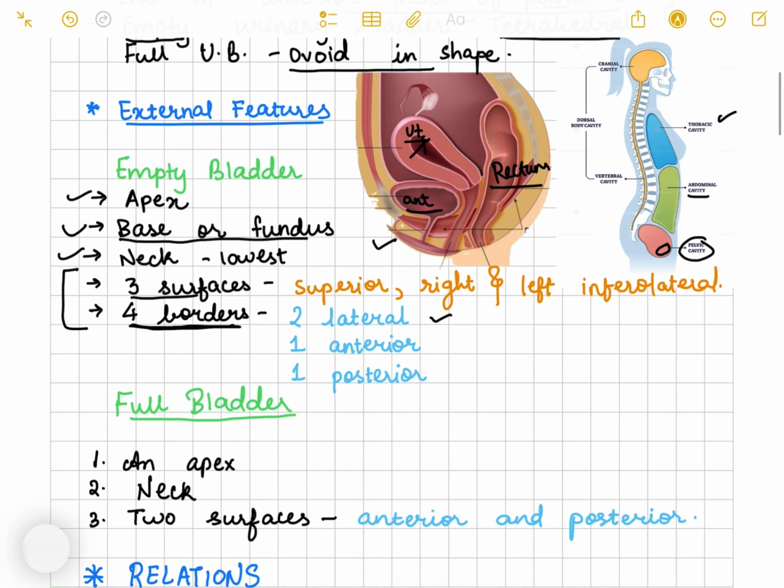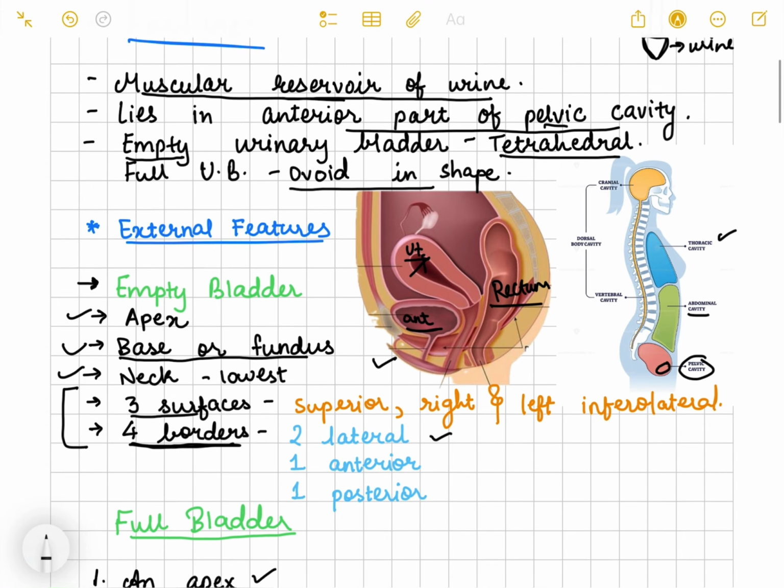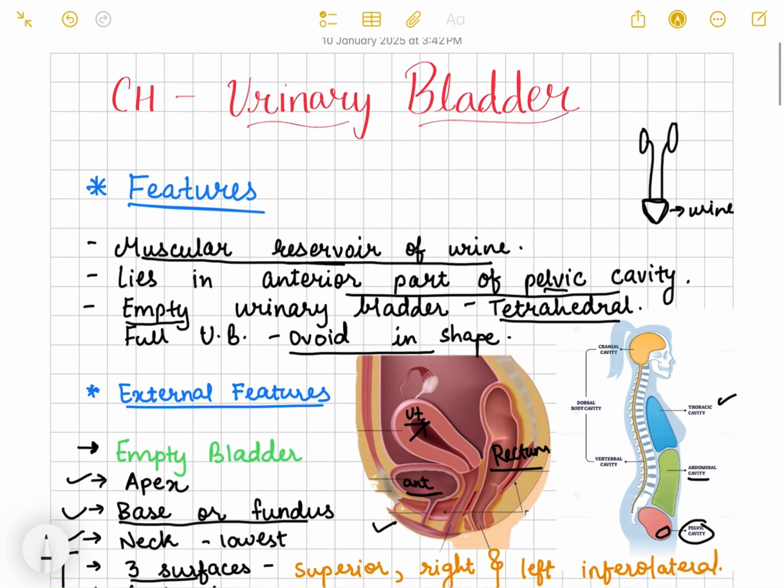This was the external feature of the urinary bladder in an empty bladder. Okay, in a full bladder there is present only apex, neck and two surfaces, and the anterior and posterior border. So we are done with the anatomy of urinary bladder.